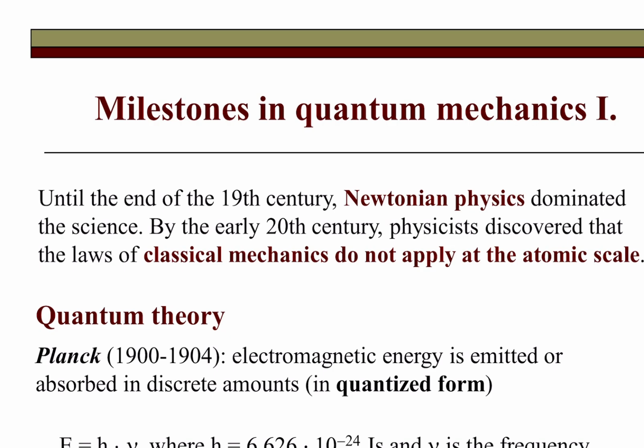The first scientist to speak about this is Planck. He stated that electromagnetic energy is emitted or absorbed in discrete amounts, in quantized form, and this is very important. He found that energy is equal to the Planck constant multiplied by frequency.